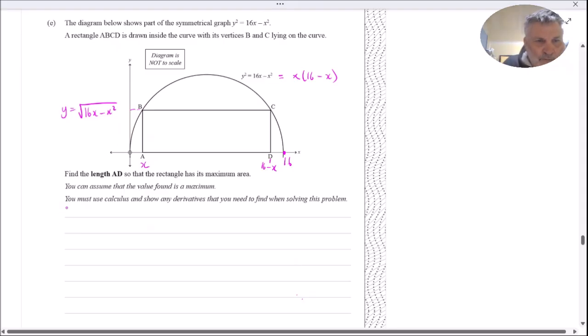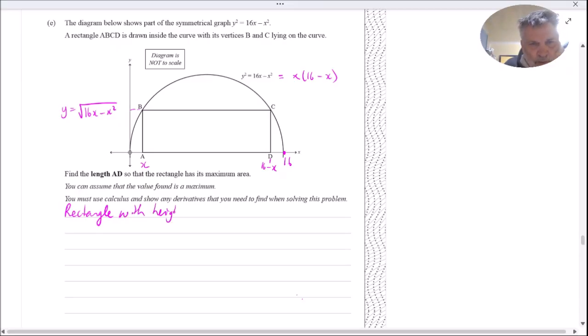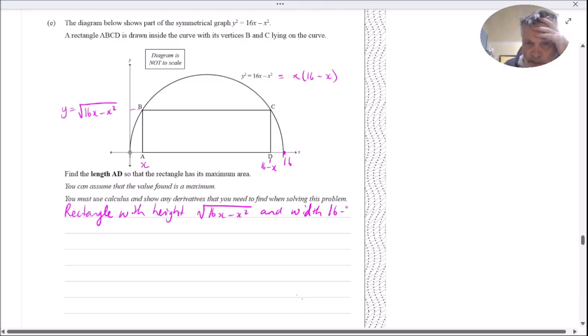So we've got a rectangle with height root 16x minus x squared and width 16 minus x and then minus another x. So 16 minus 2x is going to be the distance from here to here.